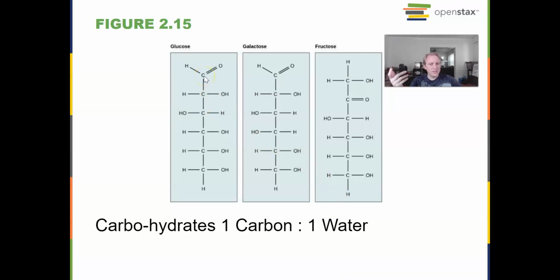So let's count our carbons. I count 1, 2, 3, 4, 5, 6 carbons. So if there are 6 carbon molecules on this glucose, there should be 6 water molecules. So what do we need for 6 water molecules? We need 6 oxygens, right? And we need 12 hydrogens because it's H2O.